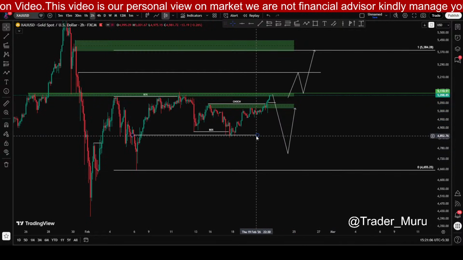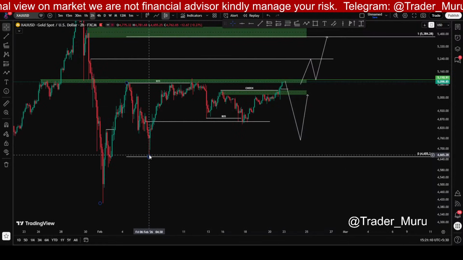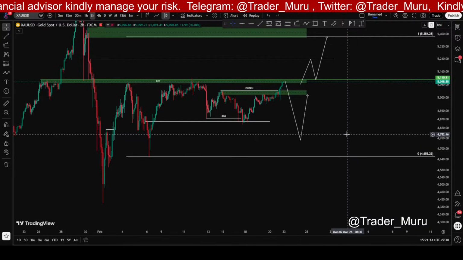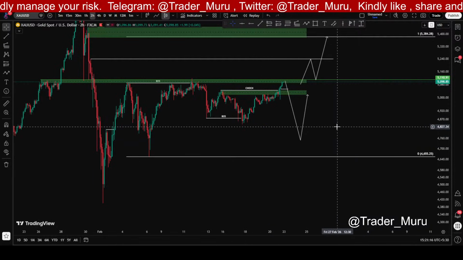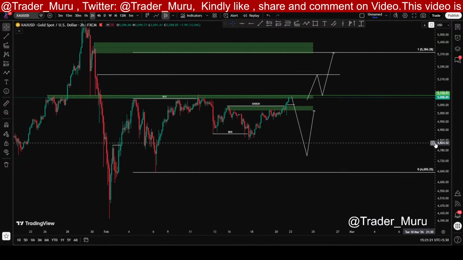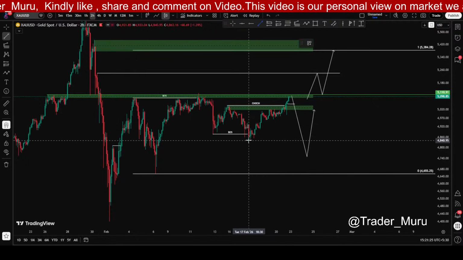This is the only condition in which it can drop below this low, as this is now a bullish structure. This is the only condition in which gold will be bearish.